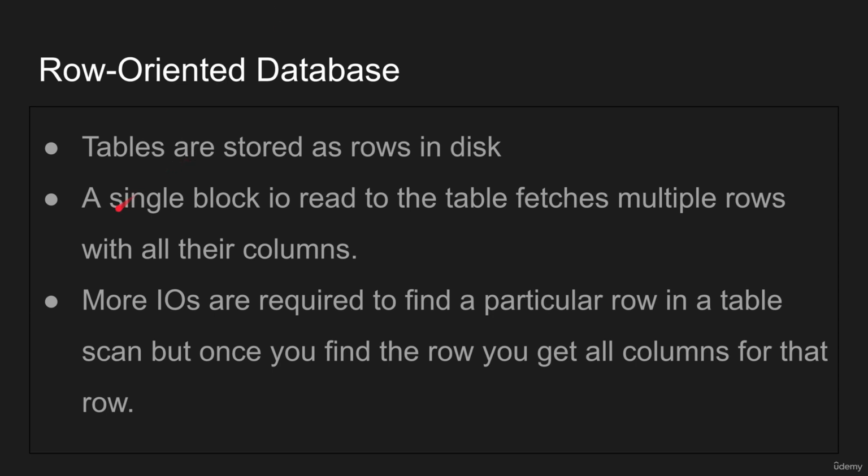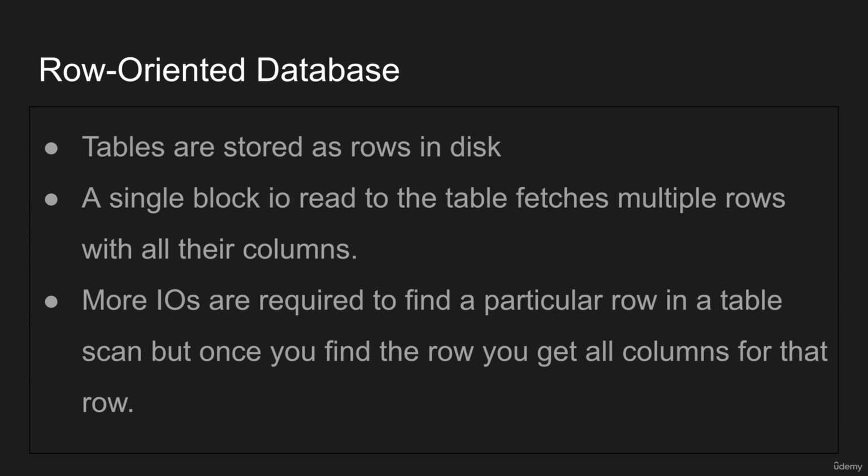When I want to read a particular row, I do an operation on disk called an IO read. When I read, the controller, whether this is an SSD drive or a hard disk, reads in blocks.